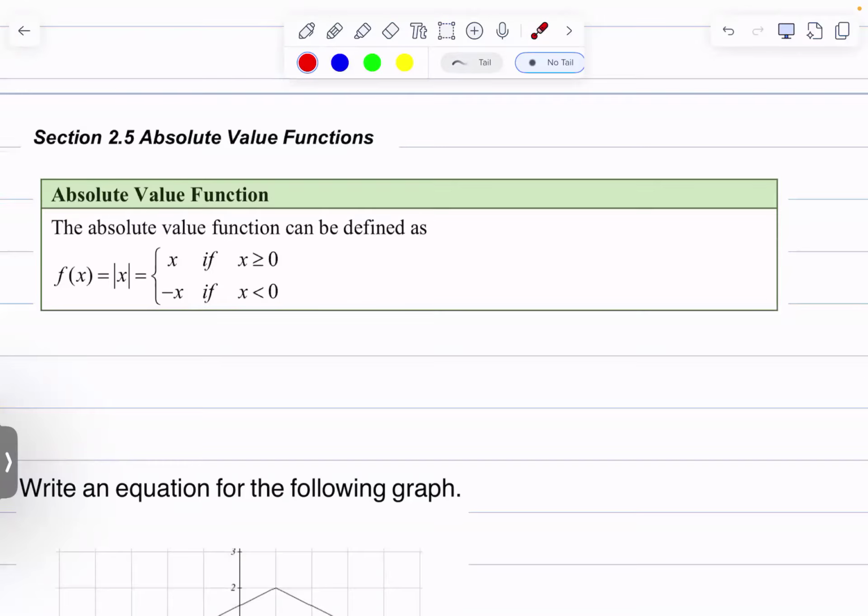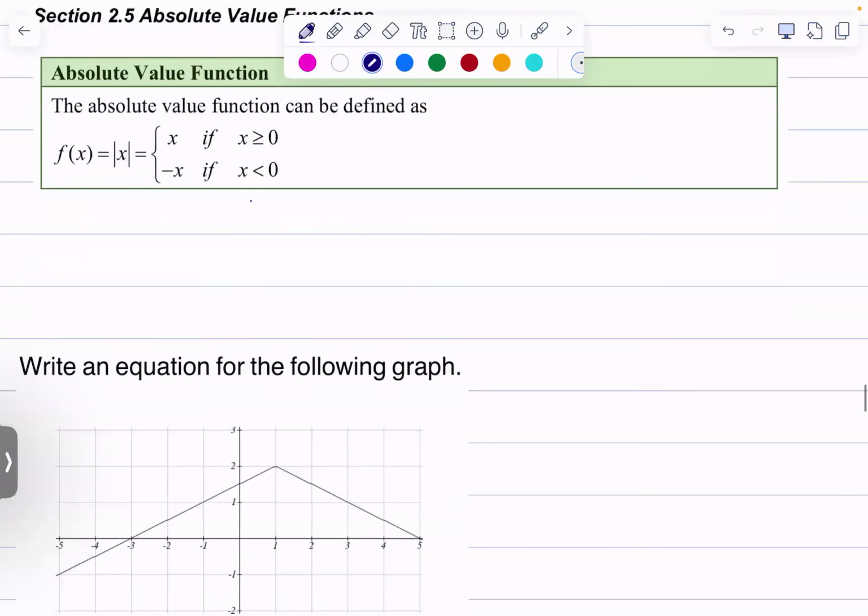Okay, absolute values. We know from our toolkit functions what this graph looks like. It looks like a V. Just generically, we have something that looks like this. This is the absolute value of x. What does that mean?